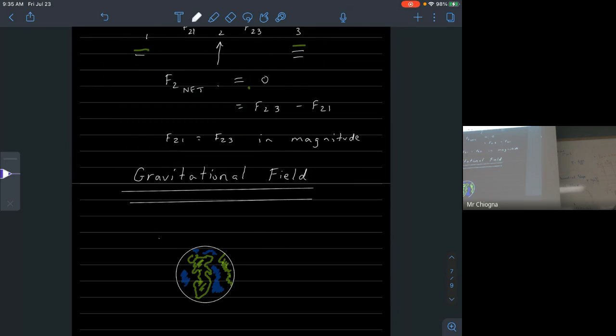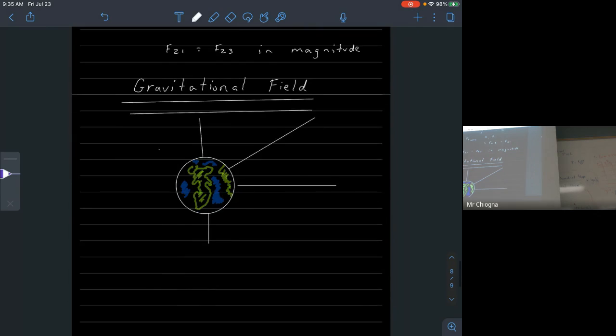The field we're referring to is caused by gravity, and it protrudes outwards like rays of a sun. There's a reason for that. We'll go over that in a second here.